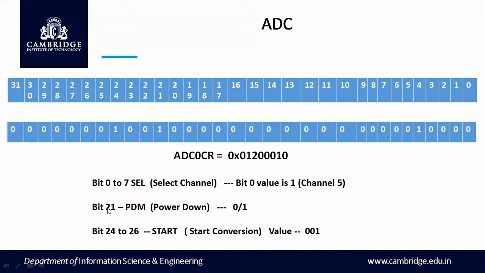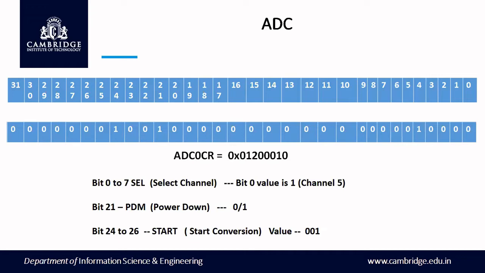After that, 3 more bits are there, bits 24 to 26. So this is bit 24, 25, 26. These 3 bits are used as start, so start conversion. Start conversion means you will be taking the analog input and it should start converting that into digital output. In this ADC, we are not going to depend on whether the input is edge triggered or level triggered, falling edge or rising edge.